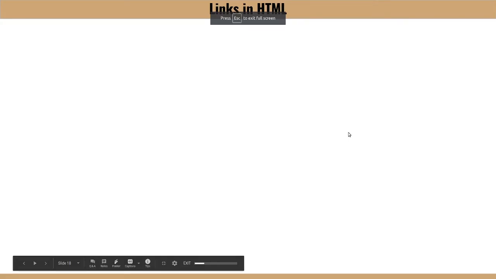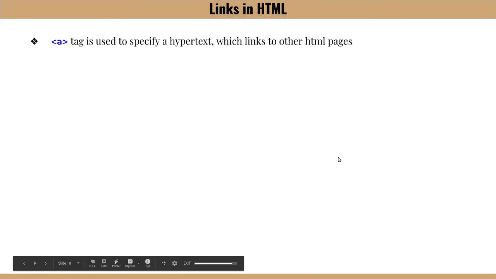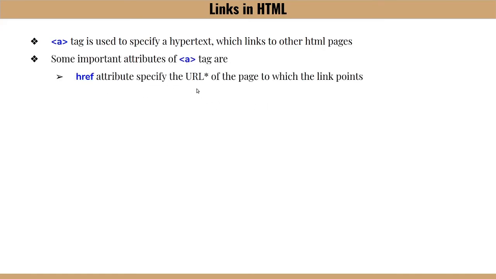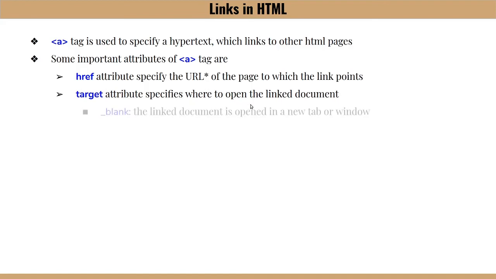First we will see what links are and how to create links in HTML. The a tag is used to specify a hypertext which links to other HTML pages. Some important attributes of the a tag are the href attribute, which specifies the URL of the page to which the link points, and the target attribute, which specifies where to open the linked document.